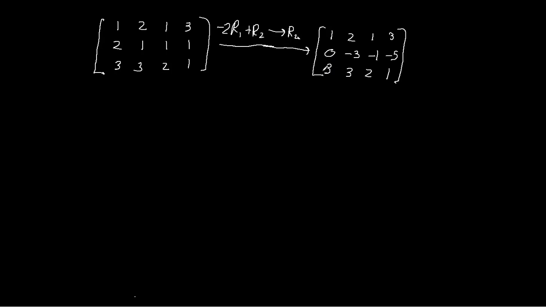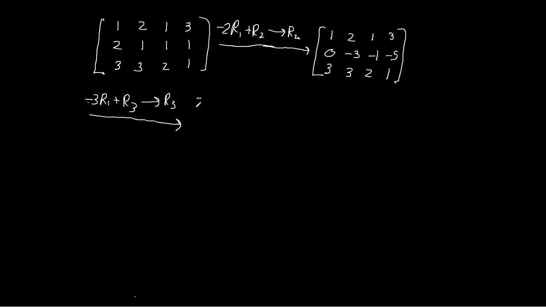So now we got to get rid of this 3. Well, to do that, we need to multiply this 1 by -3. So to do that, right, we're going to be doing -3 times row 1 plus row 3, and we're going to put those values into row 3. Okay?